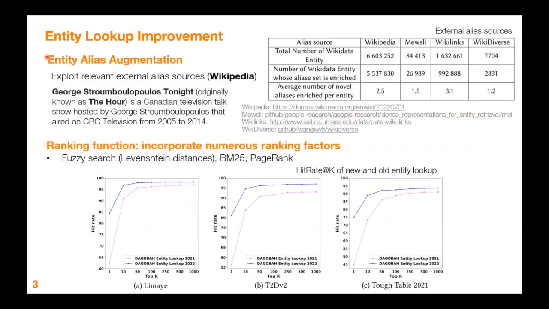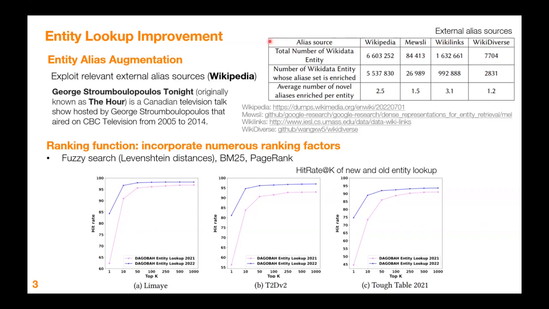We propose solutions for the 2 problems of entity lookup mentioned in the previous slide. First, we can enrich the current alias table of the canonical graph by supplementing it with external alias sources. For example, in our work, we use 4 external sources, including Wikipedia, Wikilink, to enrich the alias table of Wikidata.